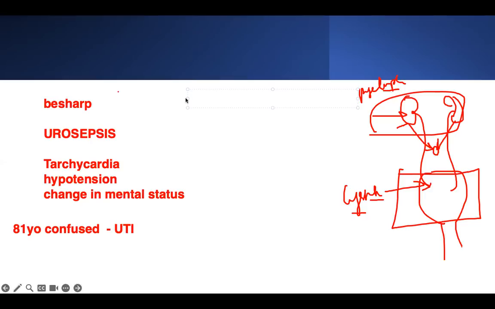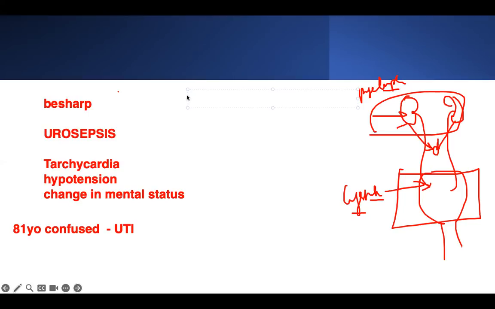Sorry, flank pain goes into the umbilicus, not the groin. Once again, flank pain goes to the umbilicus, okay? And costovertebral angle tenderness and systemic symptoms is pyelonephritis.